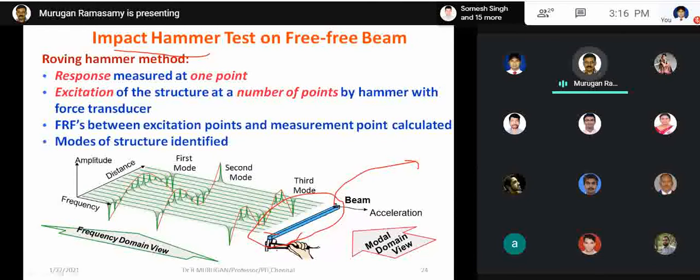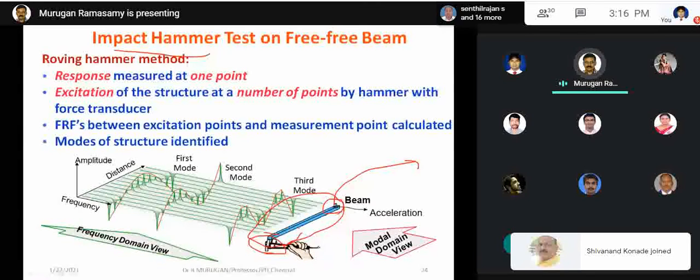This is the hammer they are using. When you give excitation, the system will have some vibration, right? That vibration response is measured by using this accelerometer. So this is a very simple method.